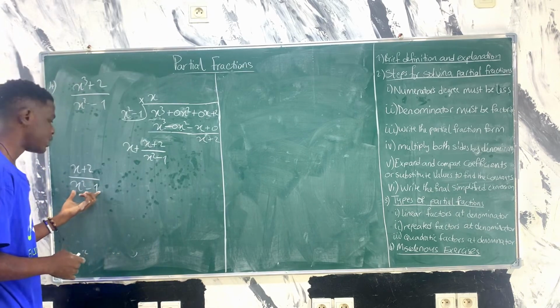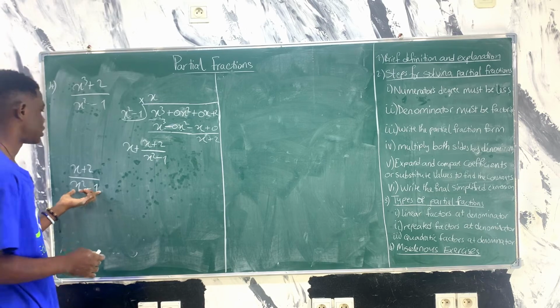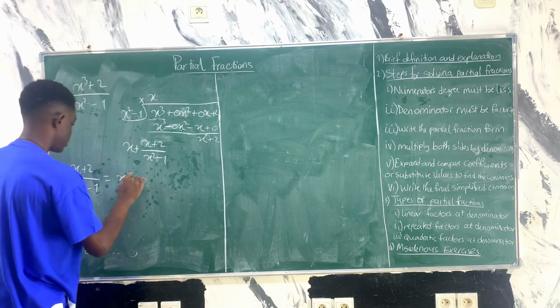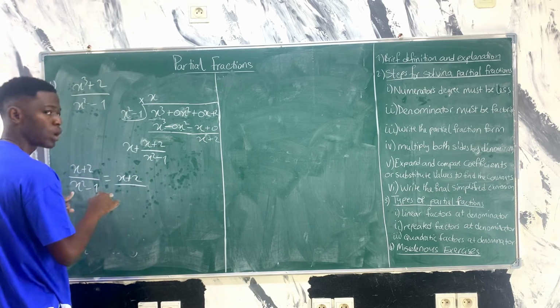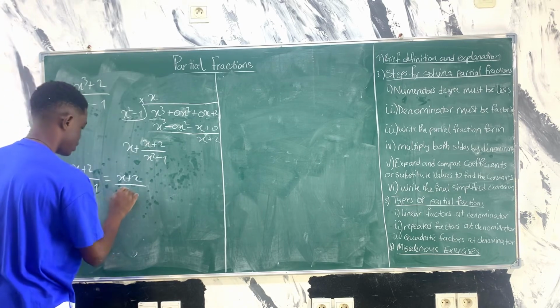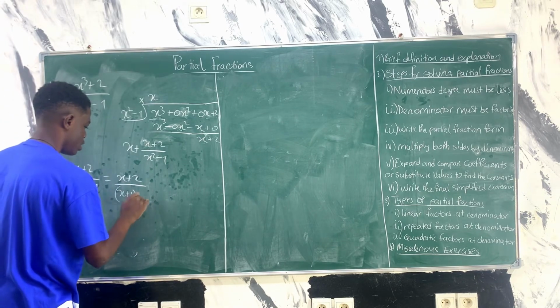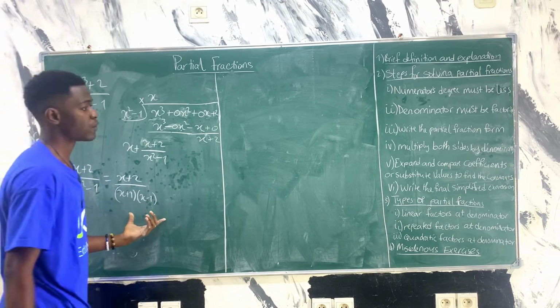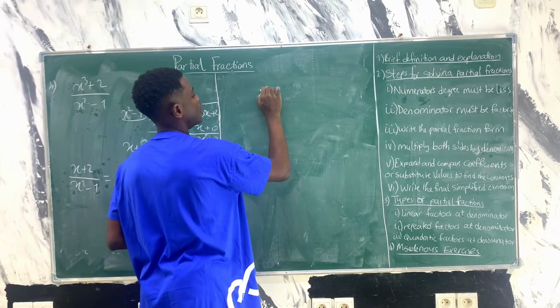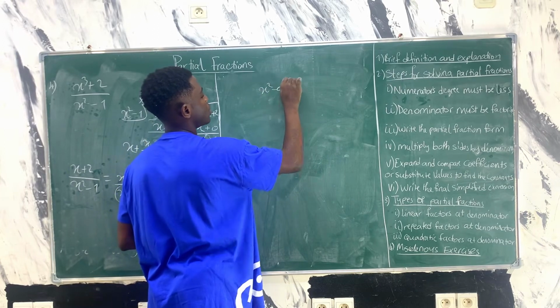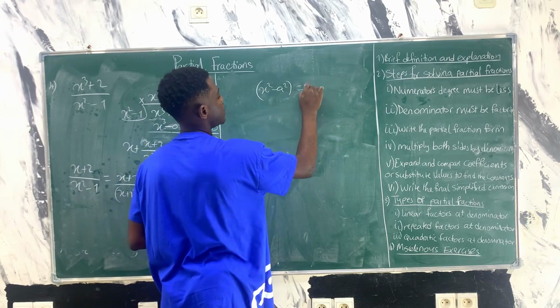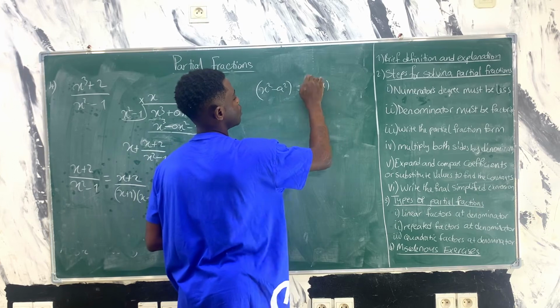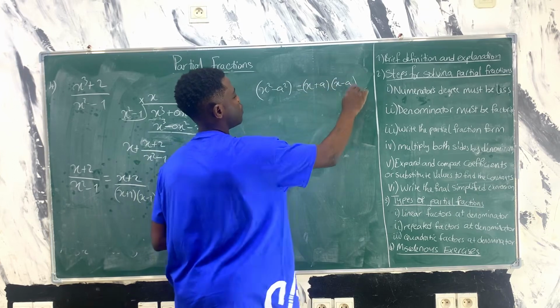Here you can see this is a quadratic identity. x plus 2 all over x squared minus 1 is a difference of two squares, which is x plus 1 and x minus 1. Difference of two squares, you have to know that if you have x squared minus a squared, it's the same like x plus a and x minus a.